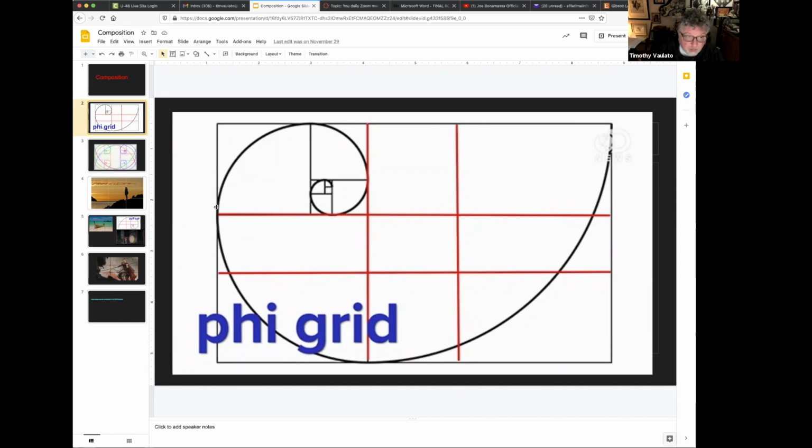You cut that into the next smaller square and the next smaller square, and you would get essentially a spiral or a nautilus. And this area would be one of the prominent areas that you could put your subject matter.